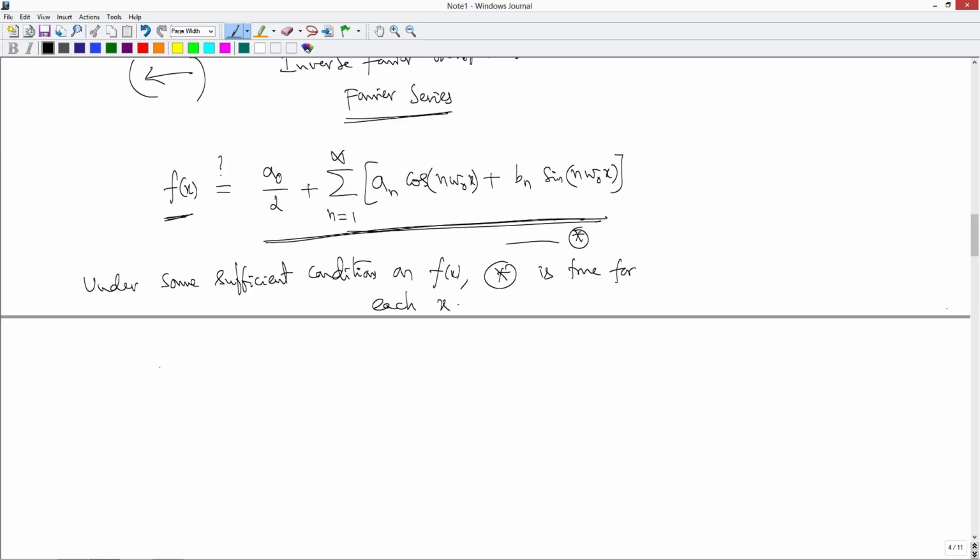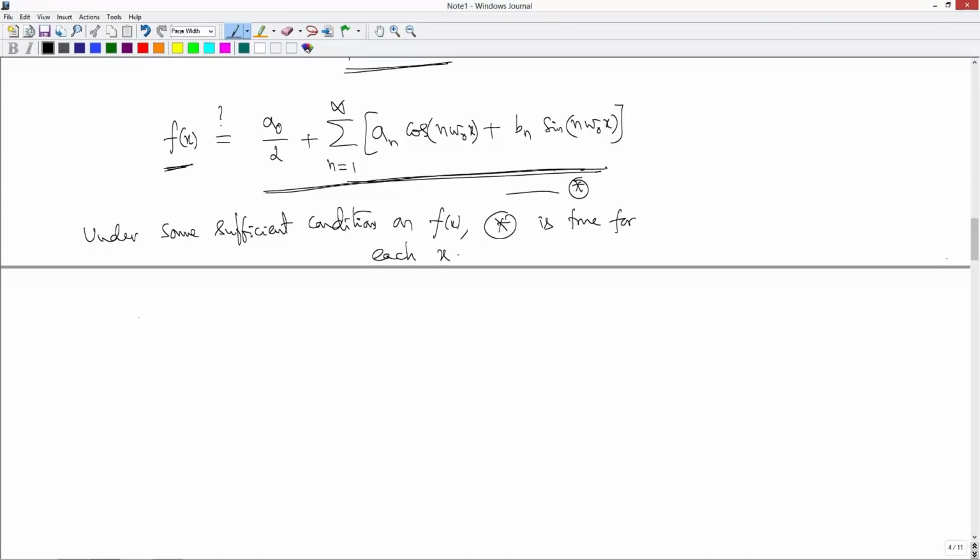So, if f is piecewise continuous. I hope you all know what a continuous function is, if you know calculus. A piecewise continuous function is a continuous function in pieces.